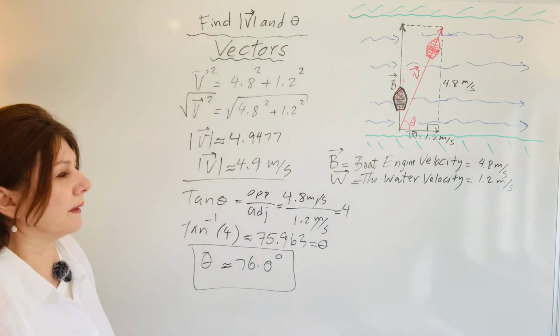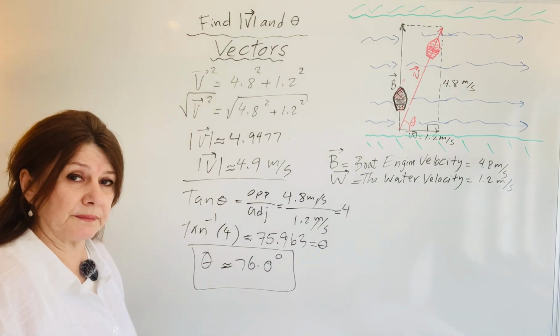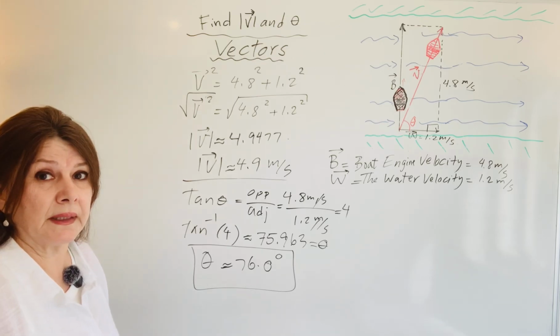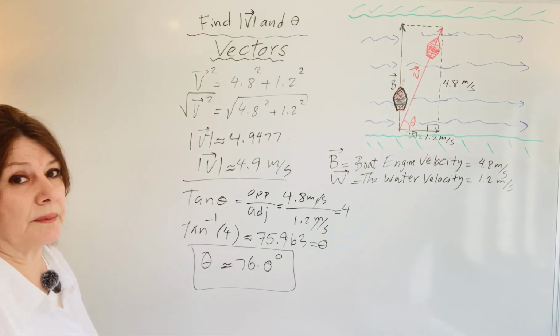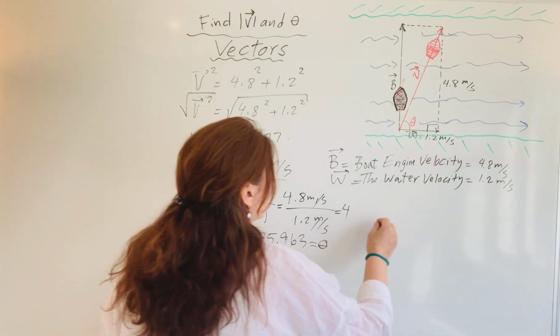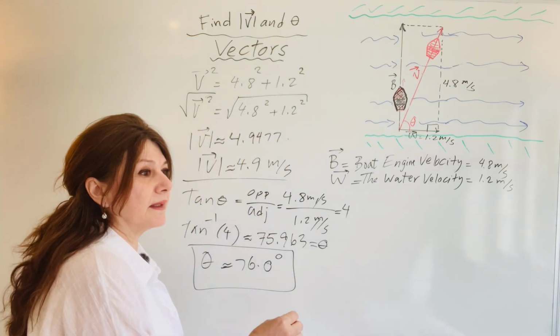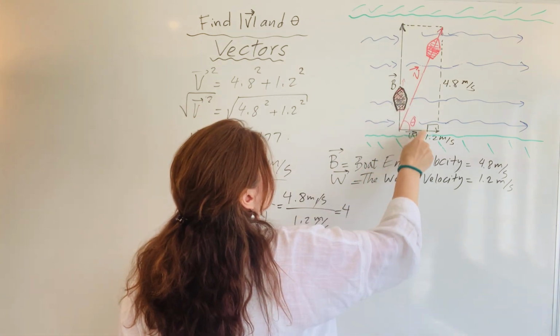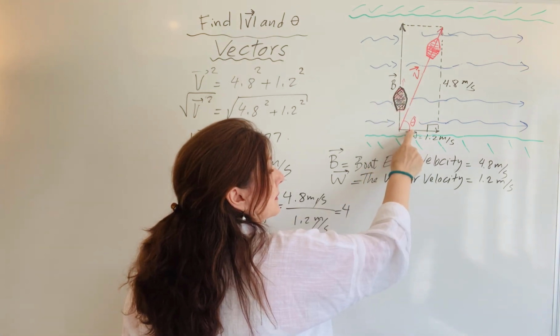Anytime you have a physics problem or math problem, just look at the problem and write down anything the problem gives you. Sometimes you have this one but not these two, but an angle.